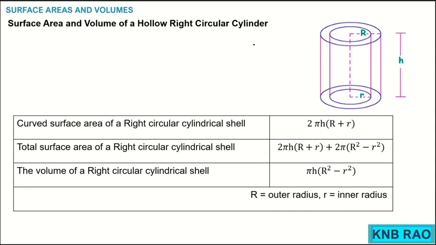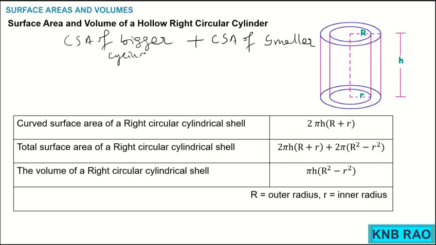CSA is CSA of the outer or bigger cylinder plus CSA of the smaller cylinder. So we have CSA of the bigger cylinder being 2 pi capital R H. What is capital R?